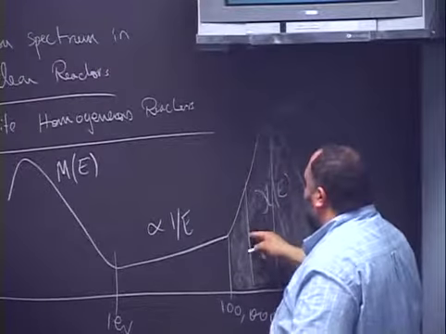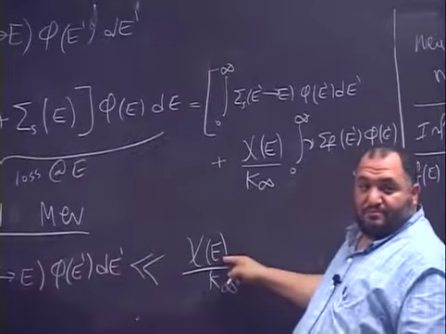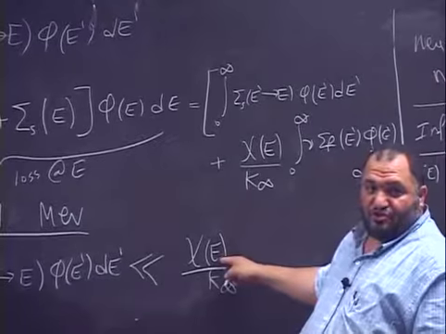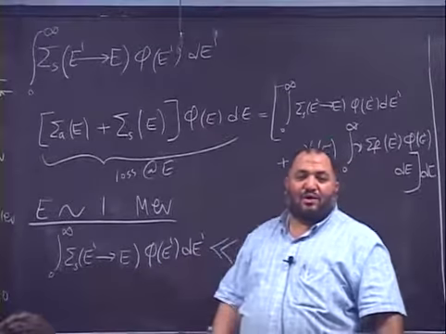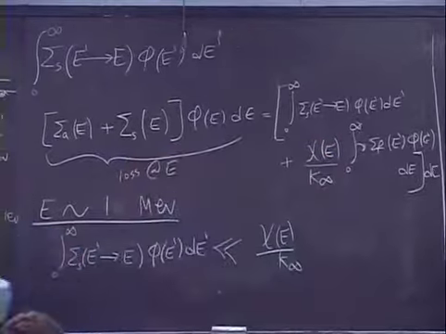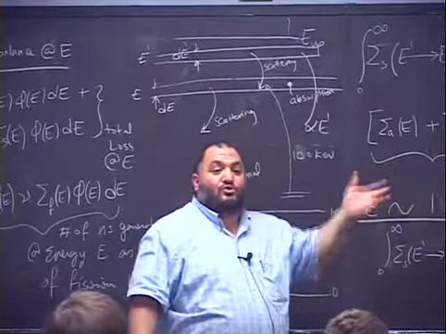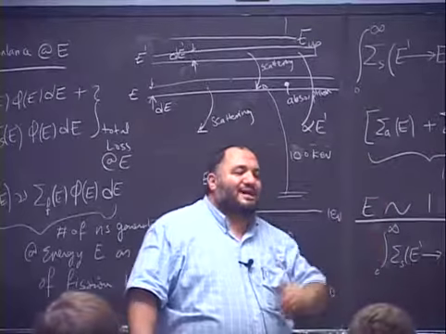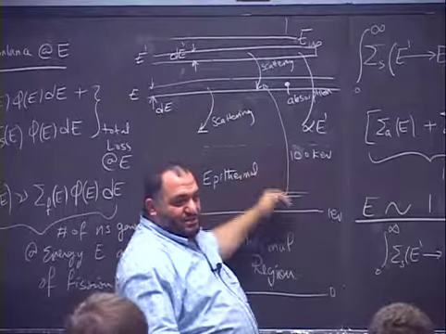At this energy, the fraction of neutrons generated from the fission is larger than the outscattering from this energy to lower energies. You are generating more neutrons at the higher energy than scattering to lower energies. Scattering will be dominant at lower energies here.